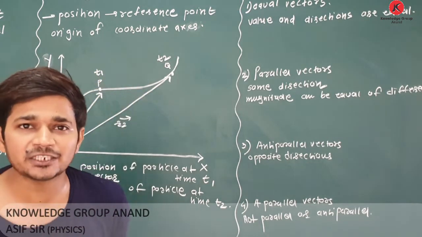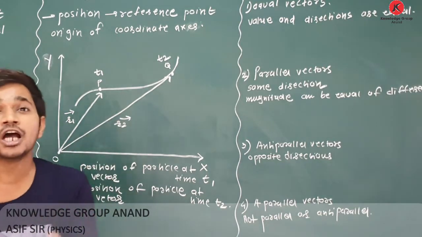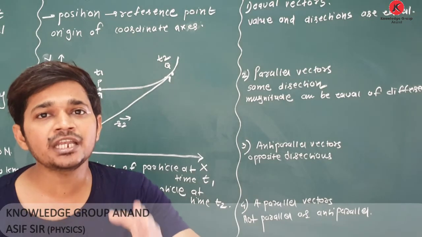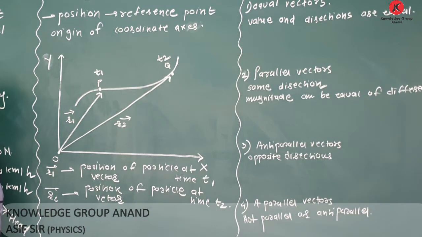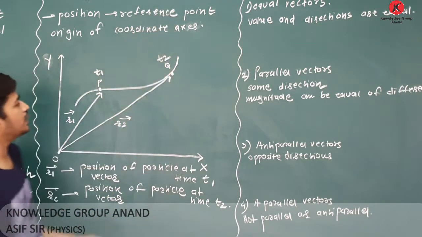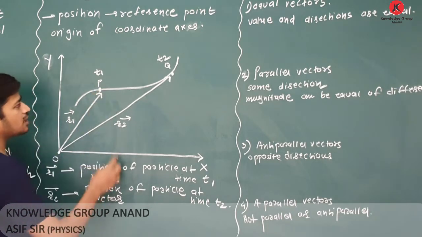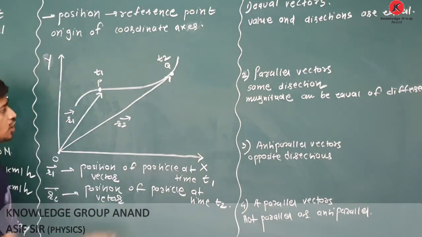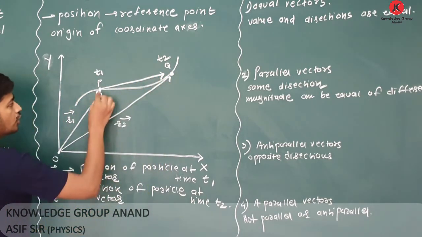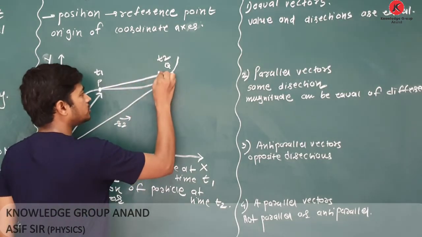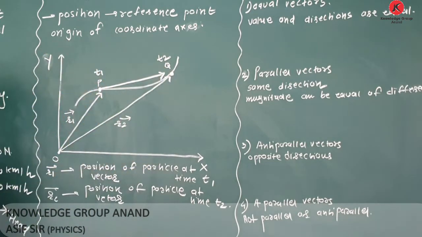You know what displacement is? Displacement means final position minus initial position, or the shortest distance between the final position and the initial position. See here how to draw this displacement vector. Here is the initial position and the final position. Draw an arrow from the initial position to the final position.